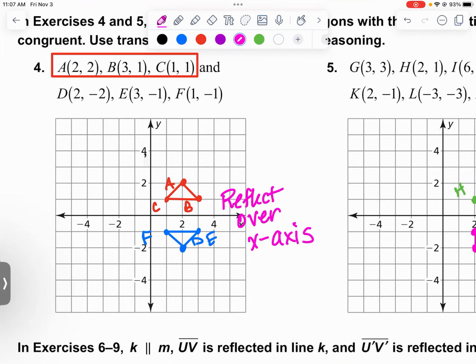Now, it's not a rotation of 180? No, because where would it go if it was a rotation of 180? It would be in the 1, 2, 3rd quadrant.